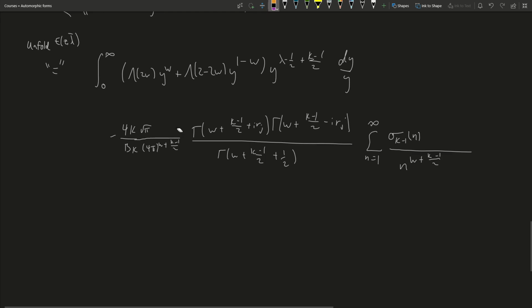So I think you end up with just n to the 1/2 minus w sigma 2w minus 1 of n here, and then this w here should be a lambda. And these w's should also be lambdas.